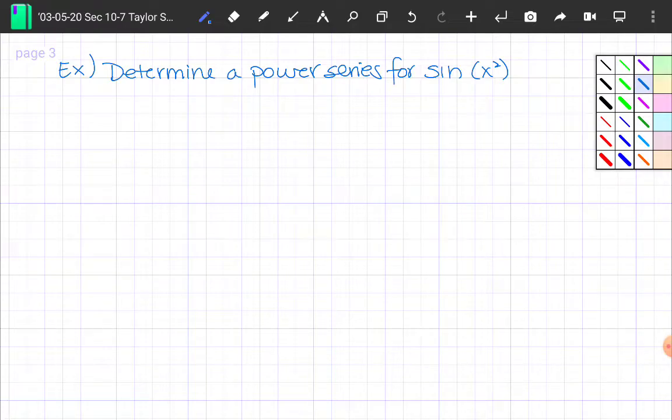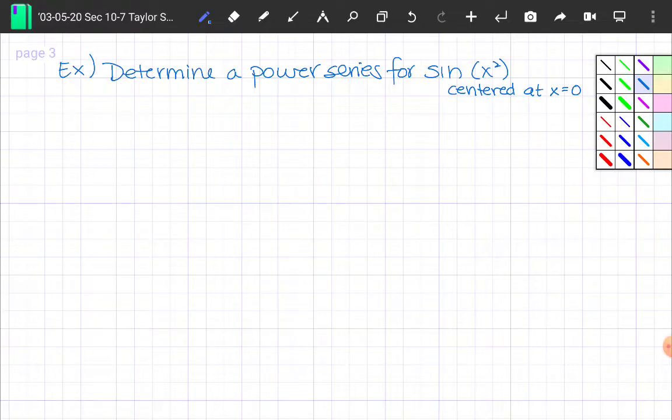I'm going to center it at x equals 0. So then I could plug in 0 into the function and the first, second, and third derivatives and look for patterns and things like that.